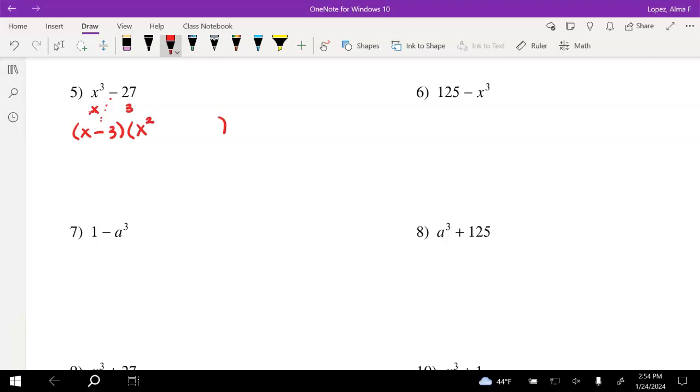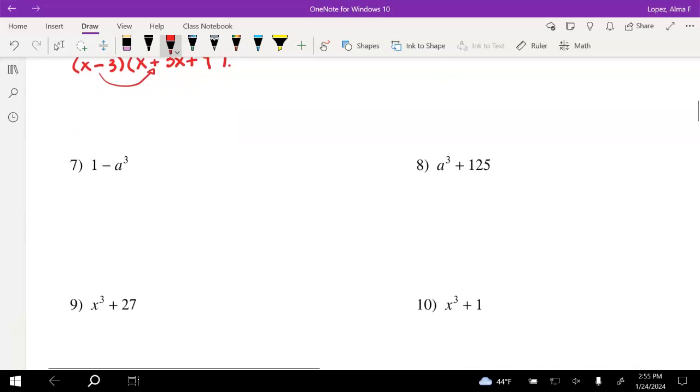For the last term, it's our second base squared. 3 squared is 3 times 3, which is 9. Our middle term is what we get when we multiply the first base and the second base together. X times 3 is 3x. This sign is always plus, never going to be any different. And that sign is the opposite of what we had in our original problem, which is a plus. And we're done. One more and then we'll go to the next video.